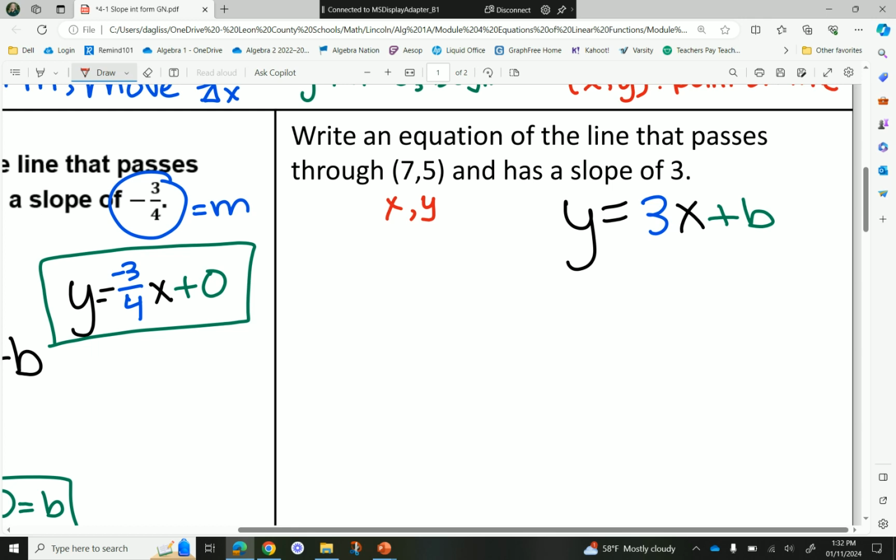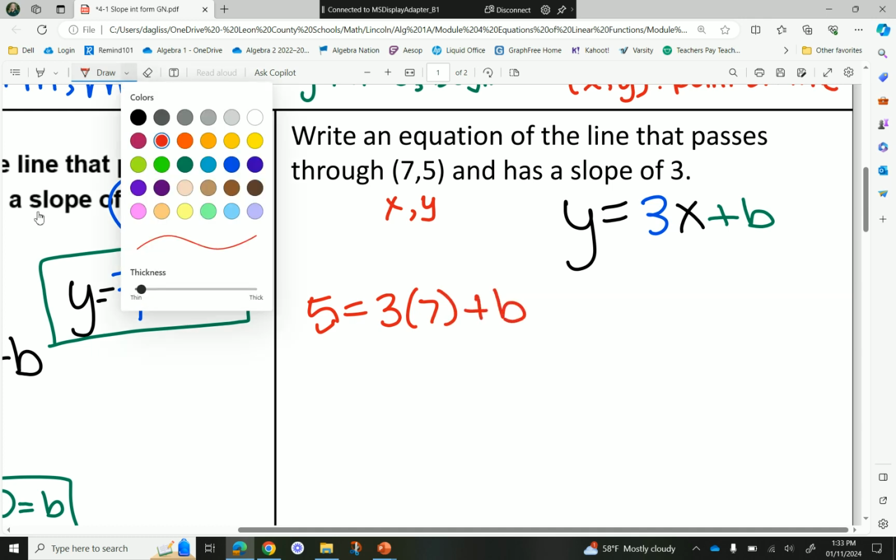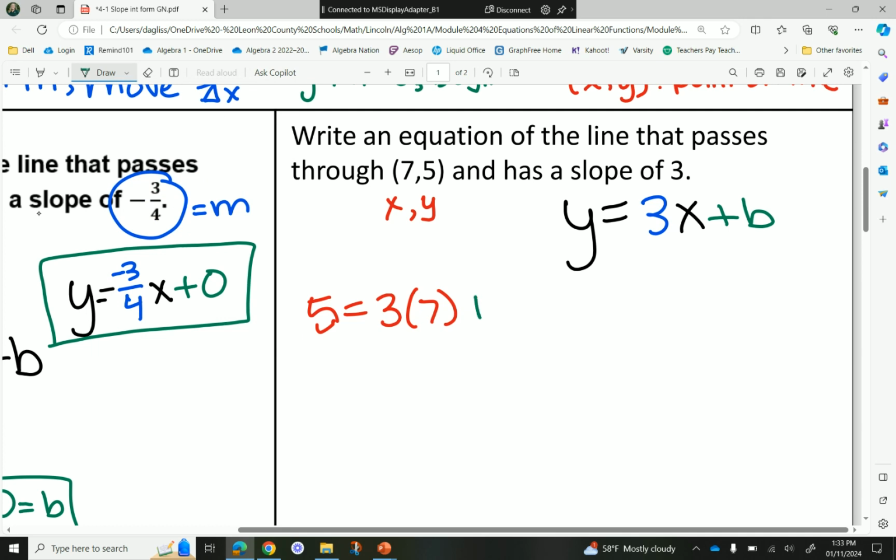To find that missing piece, I'm going to put 5 in for y. We have 3, my x is a 7, and we're missing our b value. The red is what was given to me in my equation.